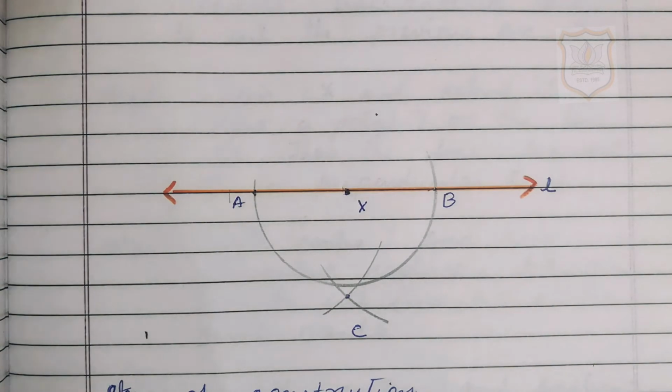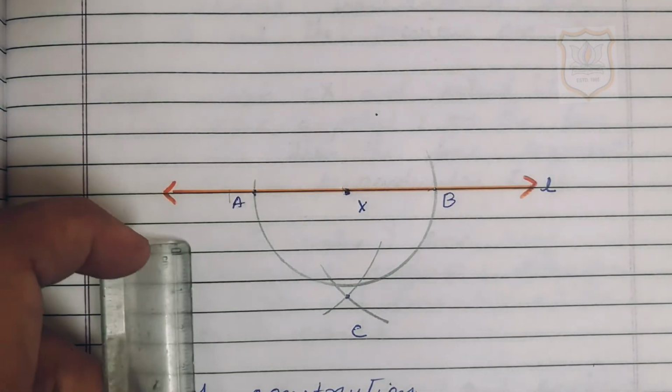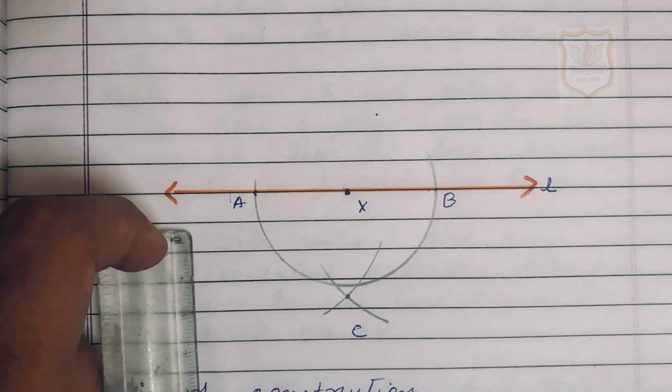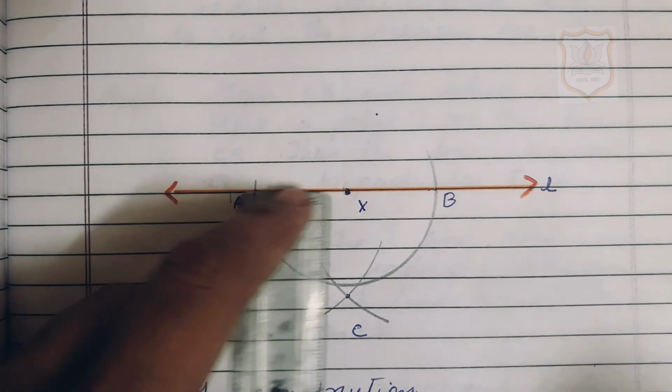Now step number 5 is we have to join C and X and extend it and make a point Y on the line CX.